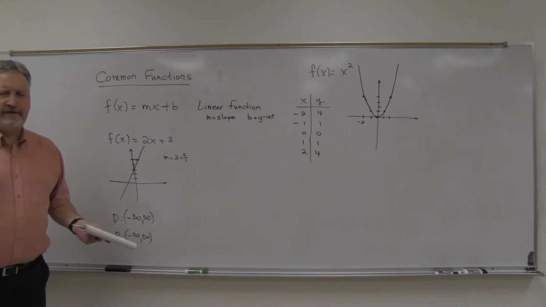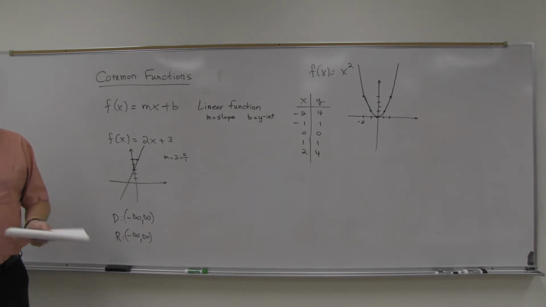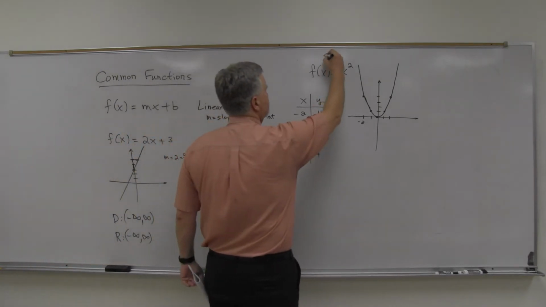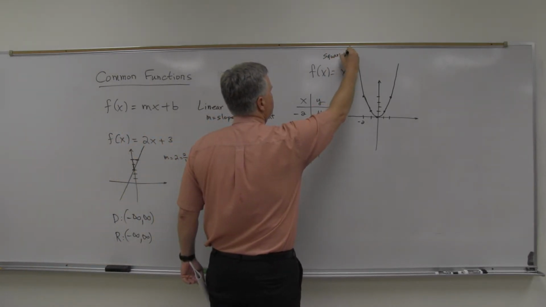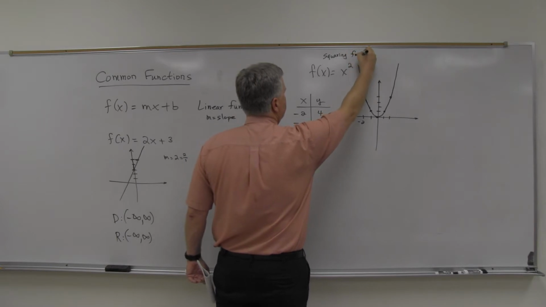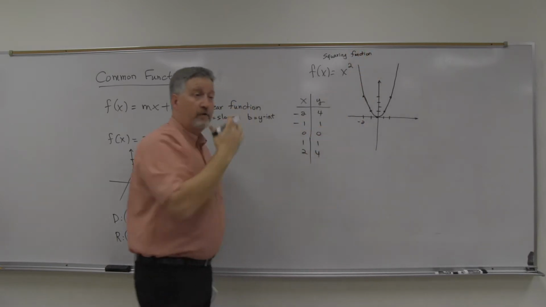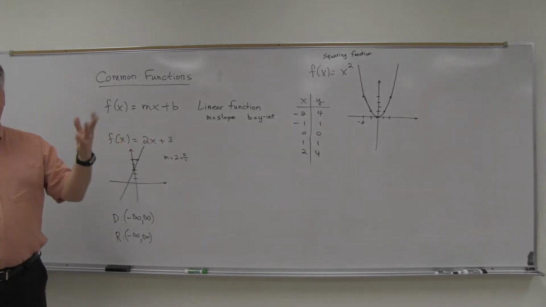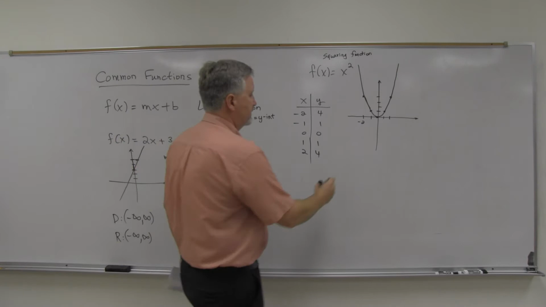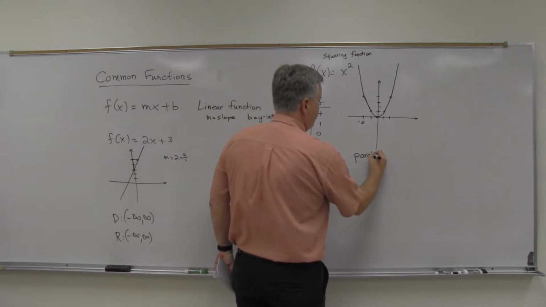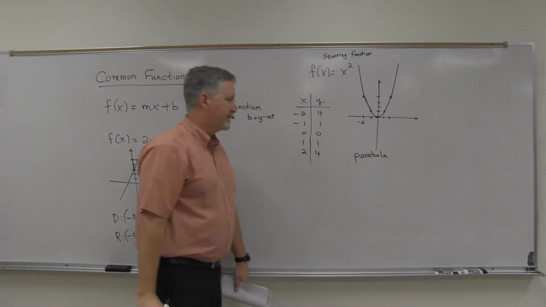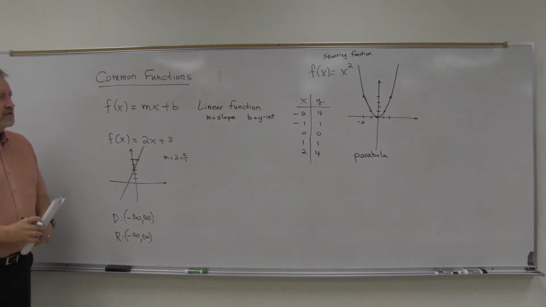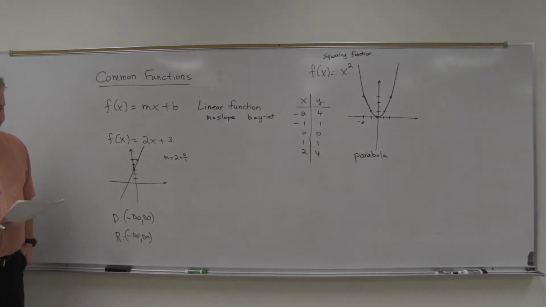I think some of the homework may ask you about the name of this. This is just the squaring function. But basically what we want you to know is that an x squared graph is going to have this shape. It's called a parabola, and we're going to talk a lot more about parabolas in a few days. That's what you get with the x squared graph.